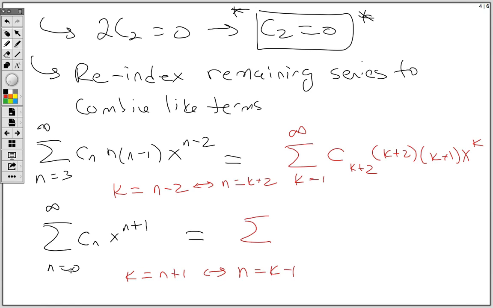Well, when n equals 0, k equals 1. n goes to infinity, k goes to infinity. C sub n, which is c sub k minus 1, x to the n plus 1, which is x to the k. So now, when I look at the reindexing on the series, I've got the same powers of x, and I've got the common start point on the index.